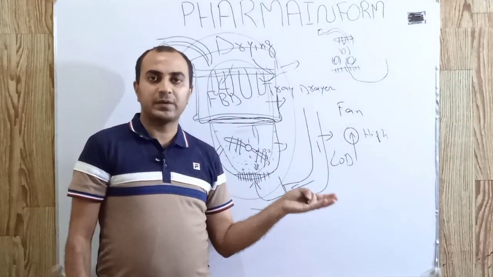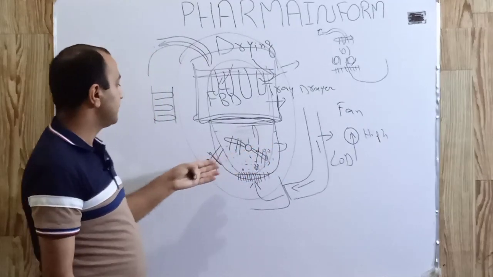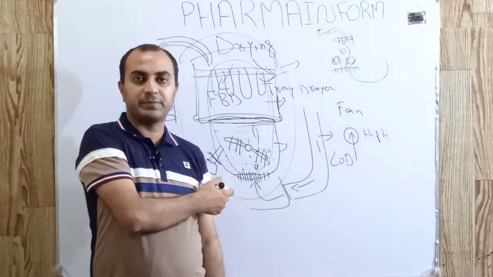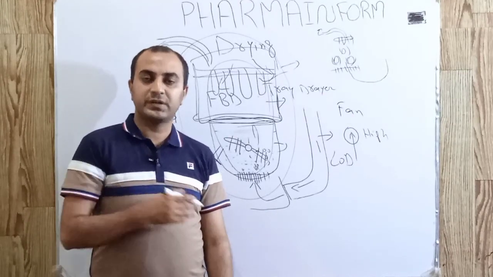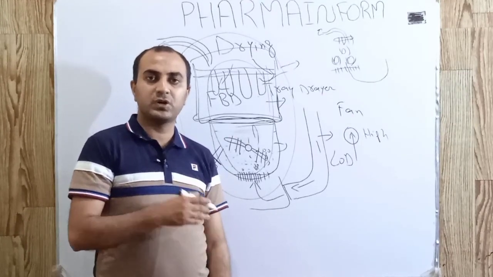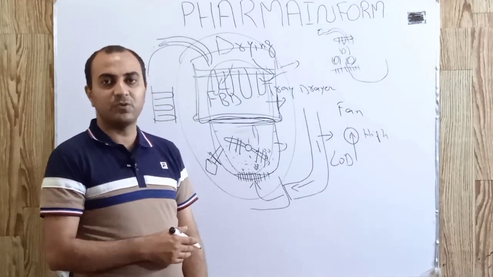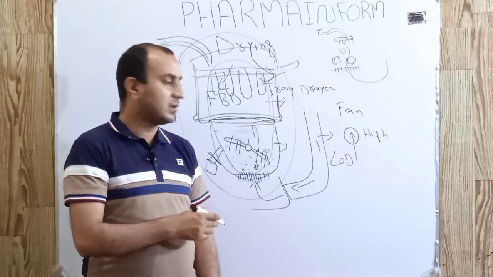After specified time intervals, we draw a sample from the product trolley through the sample pot and send this sample to the in-process lab for checking of loss on drying values.